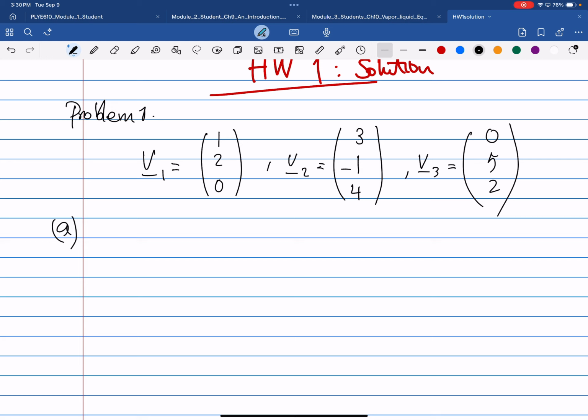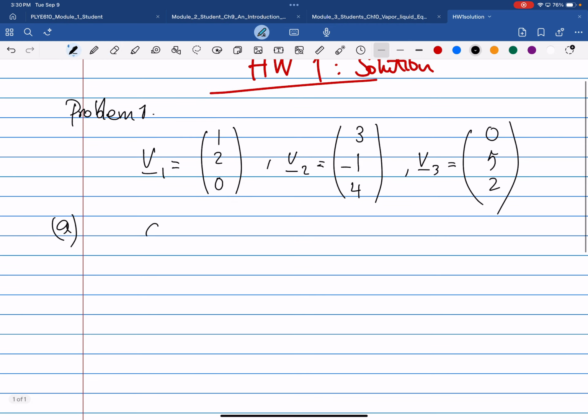Some constants, like C1 V1 plus C2 V2 plus C3 V3. If it is equal to 0 and all those C's are equal to 0, that is the trivial solution, then these are independent.